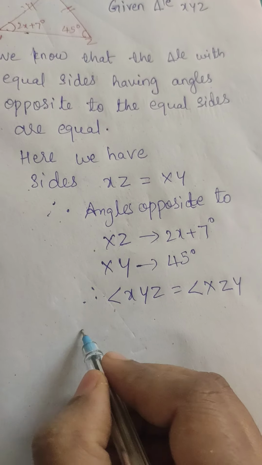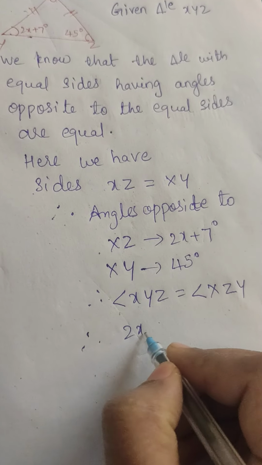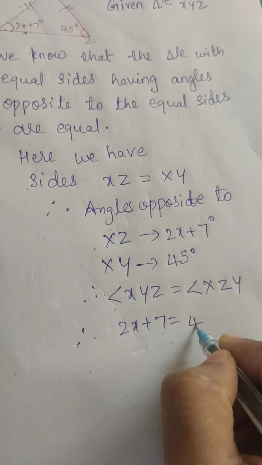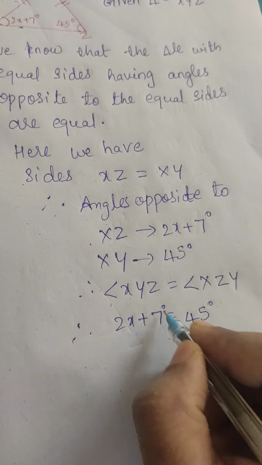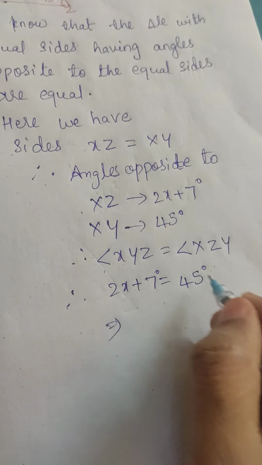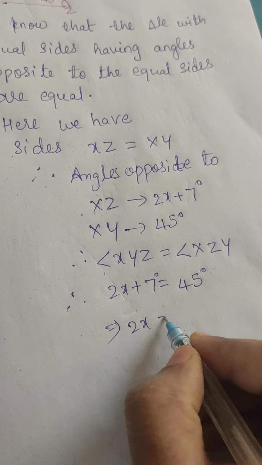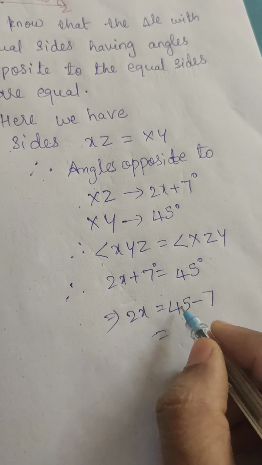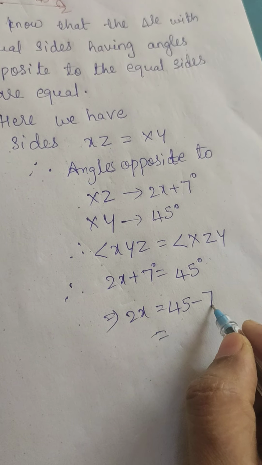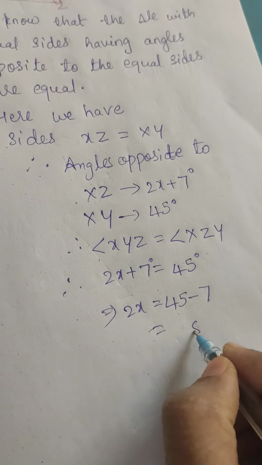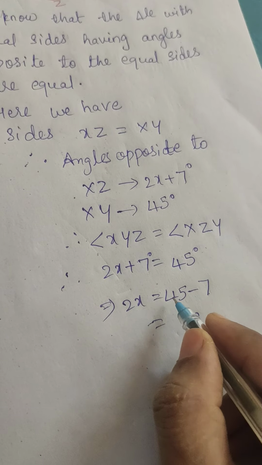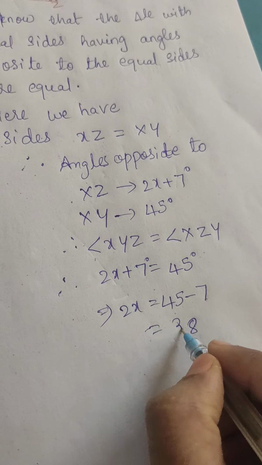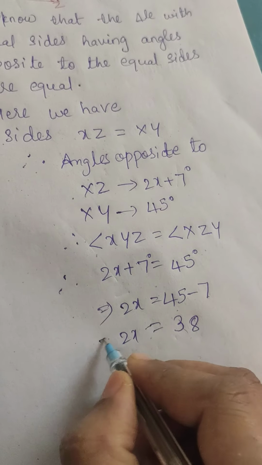Now we equate 2x plus 7 is equal to 45 degrees, which implies, if I take 7 to the RHS it becomes minus 7, 45 minus 7, which is 38. So 2x is equal to 38 degrees.